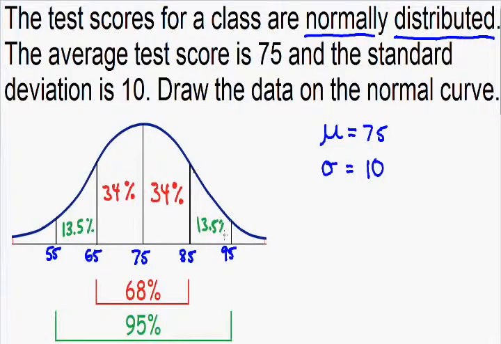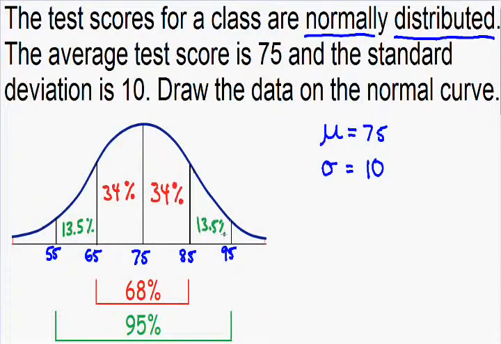This is because if we add 13.5% with 34%, with 34%, with another 13.5%, if we add all those together, that gives us 95%. So we know from the empirical rule that 95% of the data is between 2 standard deviations, or 95% of the area under the curve is between 2 standard deviations.